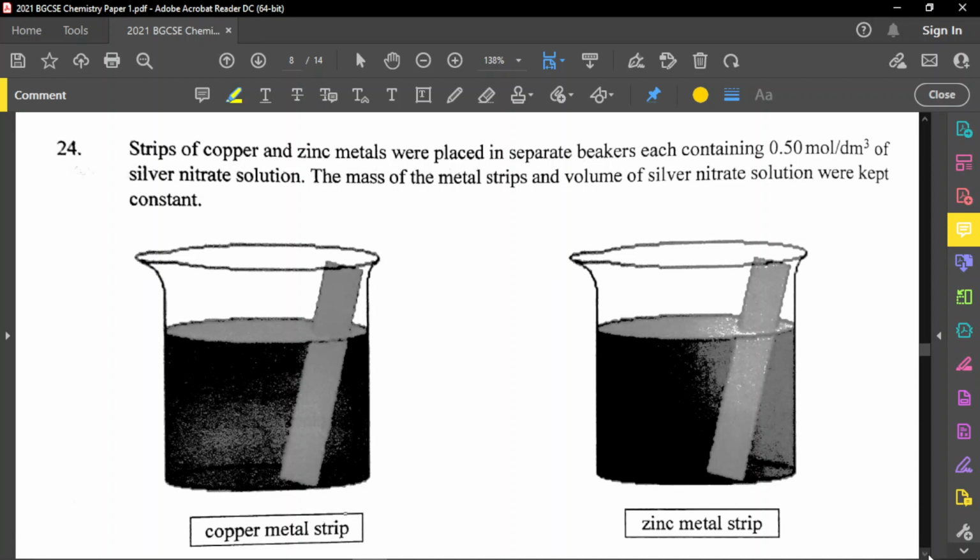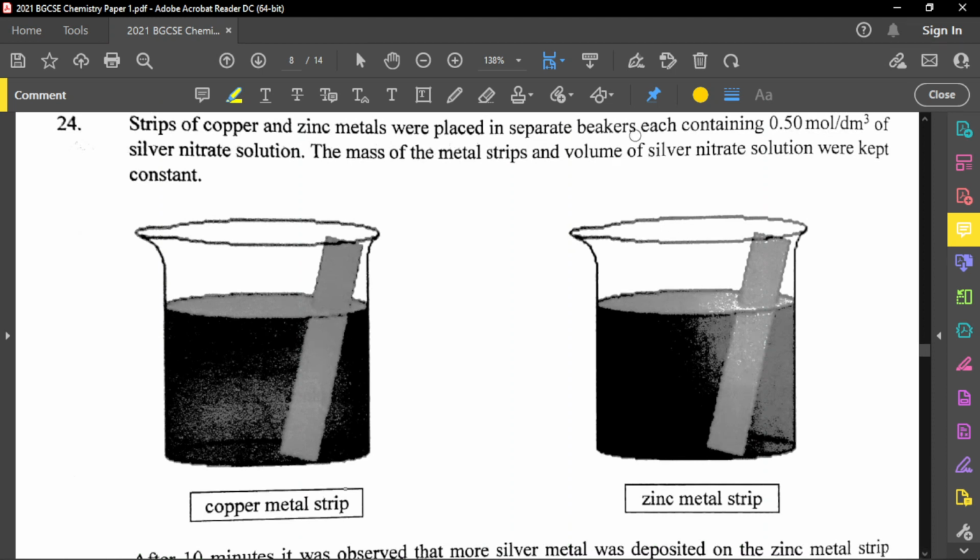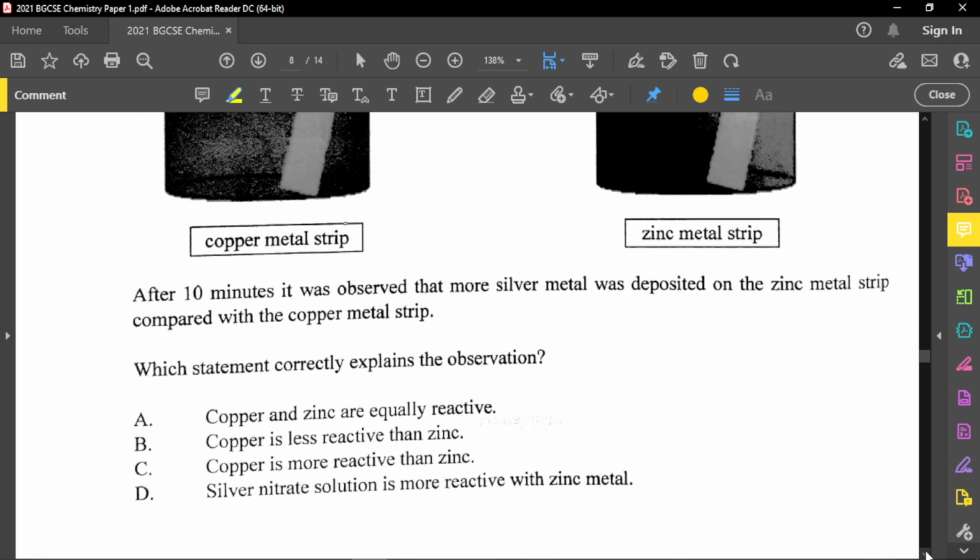You have the same concentration of the silver nitrate solution here. And down here, after 10 minutes, it was observed that more silver metal was deposited on the zinc metal strip compared to the copper metal. So the zinc has more silver on it versus the copper.